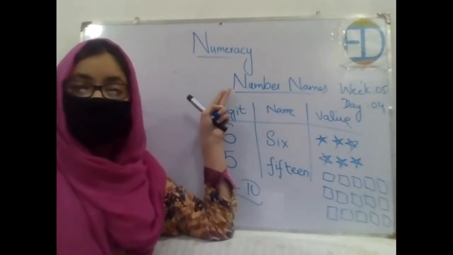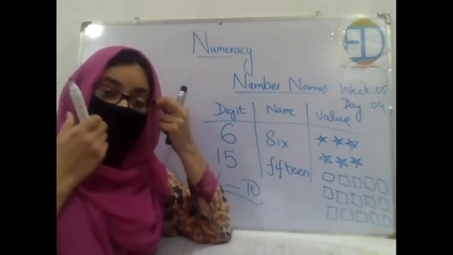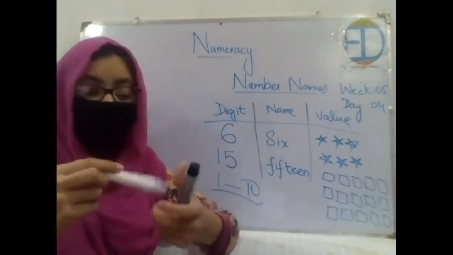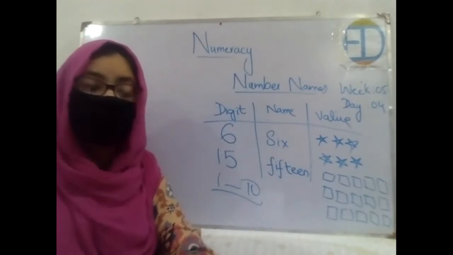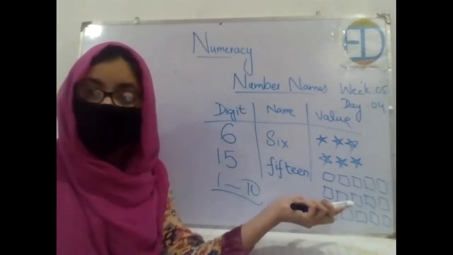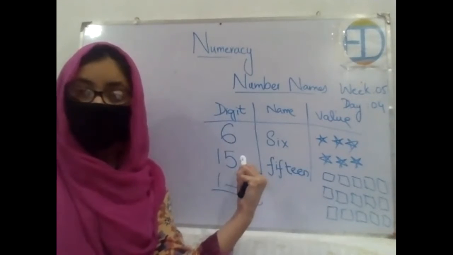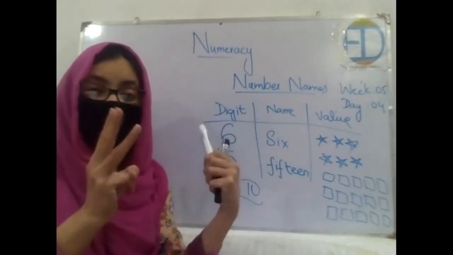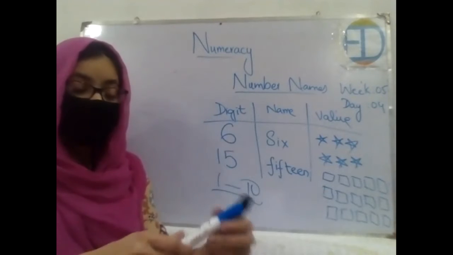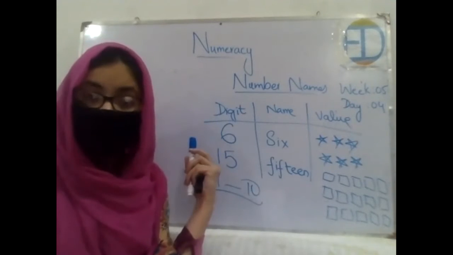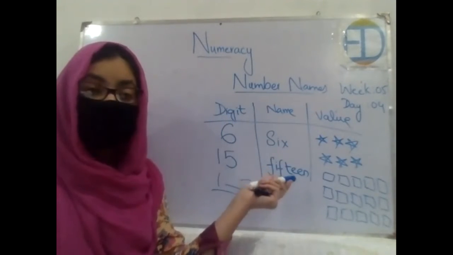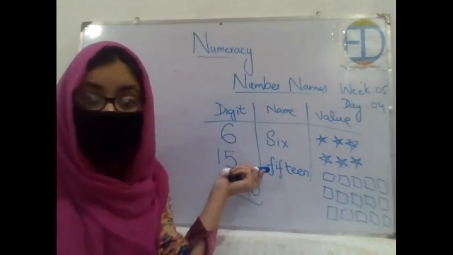So why is this topic important? Because it helps us to know the value of the number, right? So the three things are important. The very first thing is you should know what the digit is. The second thing is you should know the name of that digit.